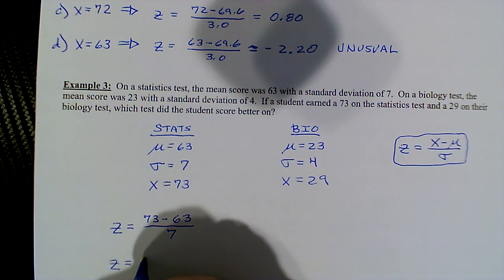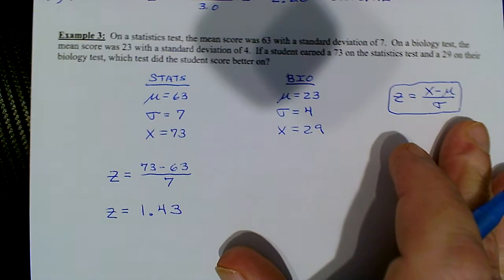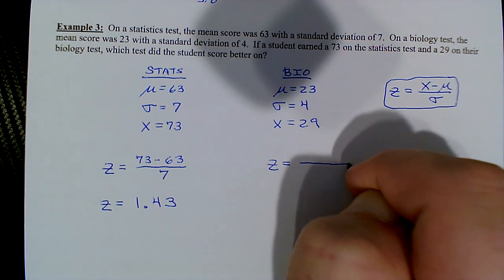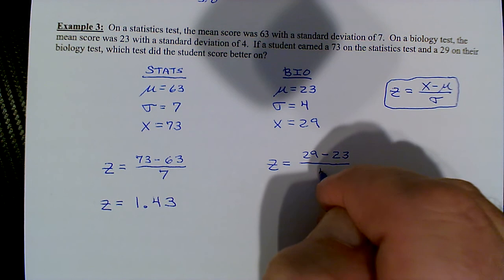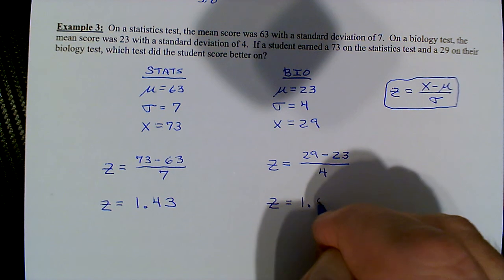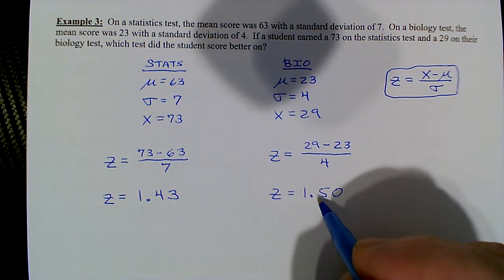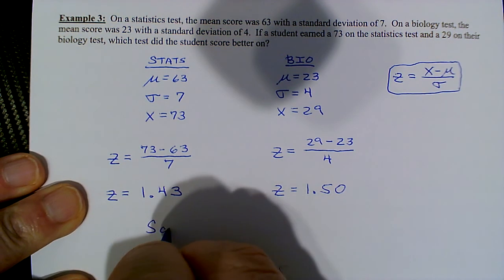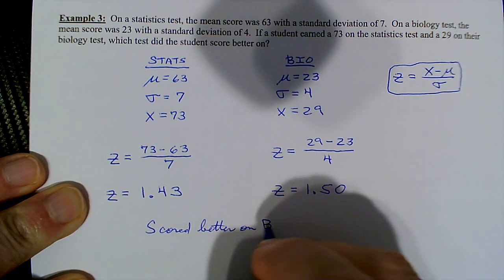For biology, x is 29 minus the mean, mu 23, over the standard deviation, sigma is 4, and we get 1.5, I call it 1.50, and now that tells us that we actually performed better on the biology, because we have a higher standard score.